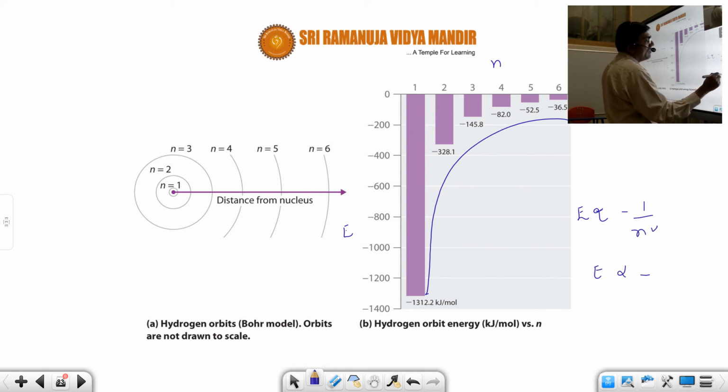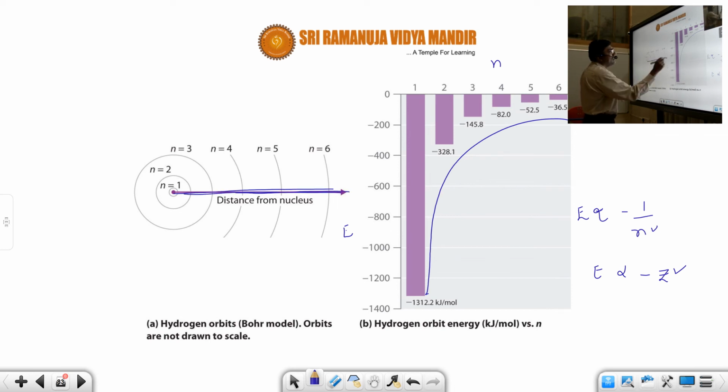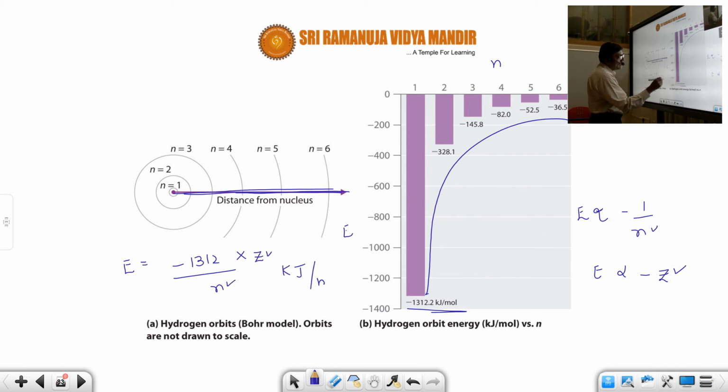E is directly proportional to minus z square. That's why the graph looks this way. As you go away from the nucleus, that is how the graph looks. So this is in kilojoules per mole: E is equal to minus 1312 into z square by n square kilojoules per mole. This question was asked in the Karnataka entrance examination once. Try to understand, students. You have to remember.